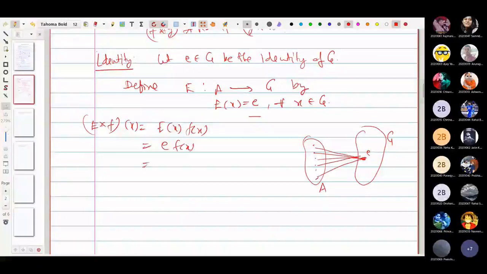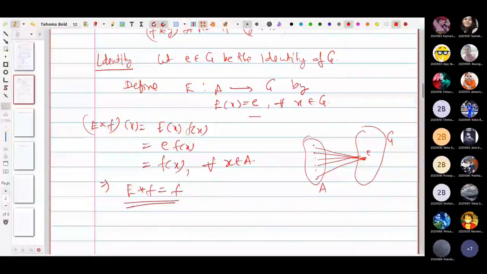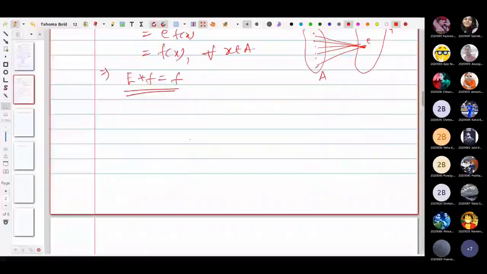So E times F of x, and because G is a group, when we multiply E with F of x we get F of x. This is true for all x belonging to A, which implies E star f equals F. Thus we note that capital E is the identity.